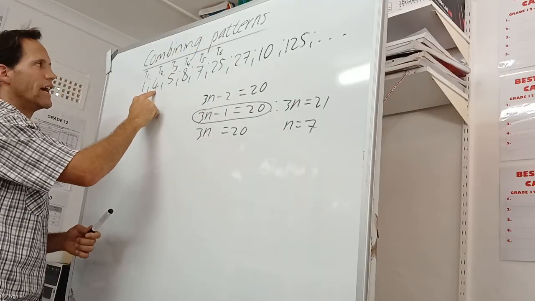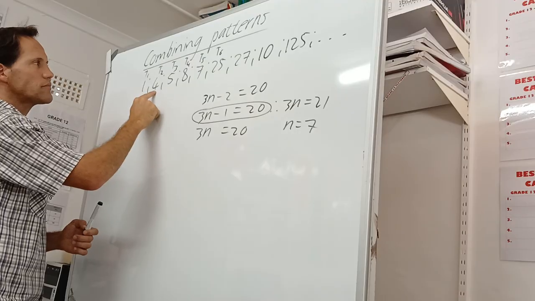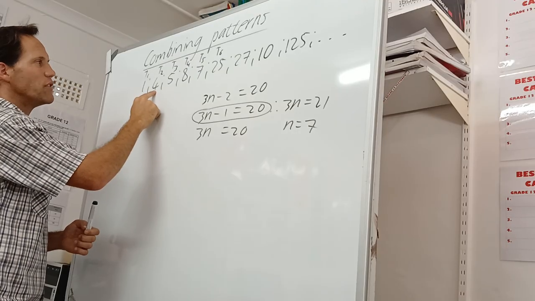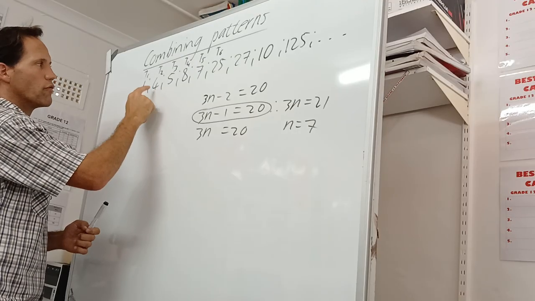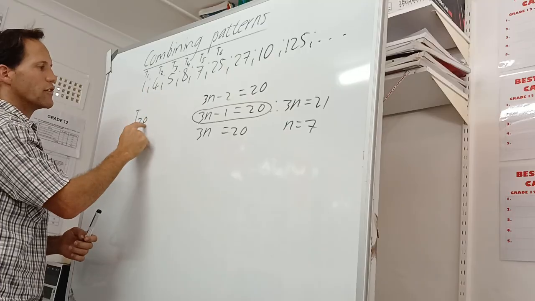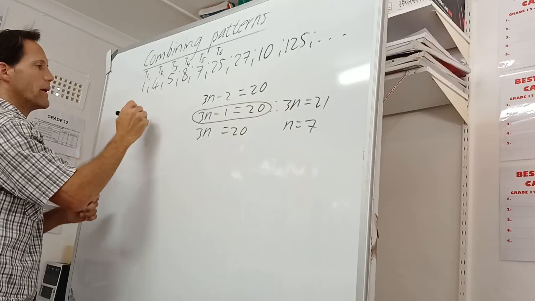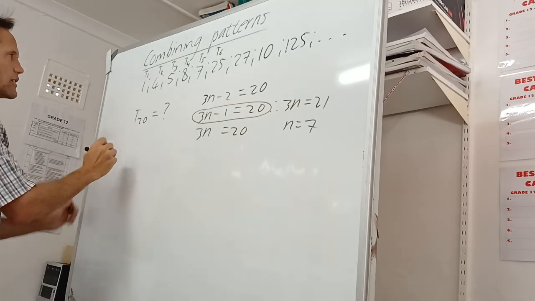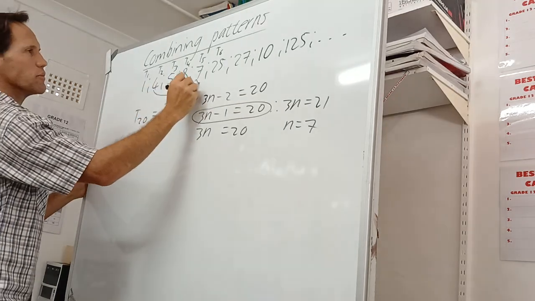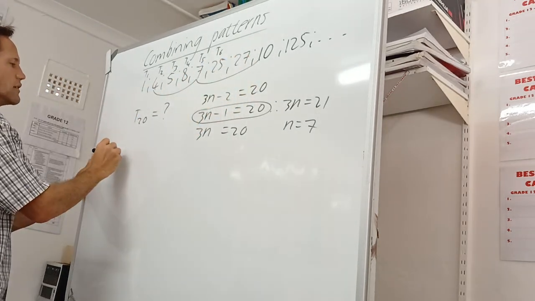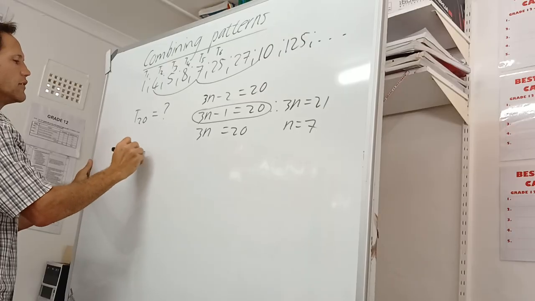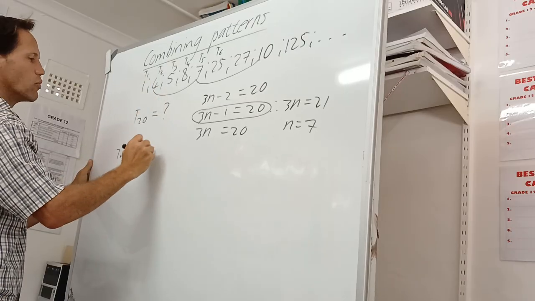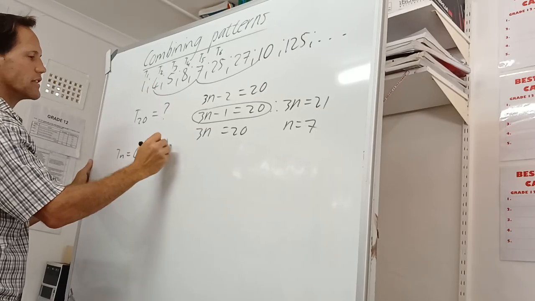You understand? So that means the 7th term of this pattern will be the 20th term of the total pattern. And what we want is the 20th term of the whole pattern. So let's first look at this one now. Tn equals a, which is 4, plus n minus 1 times the difference, which is 3.